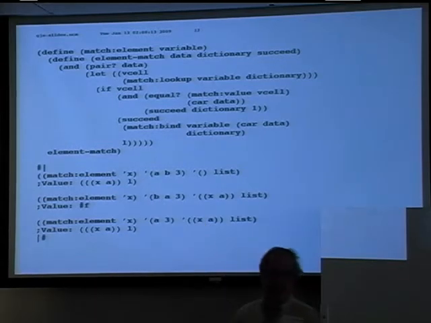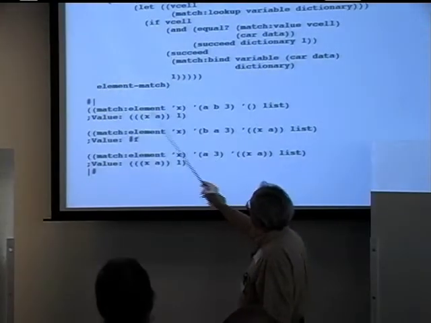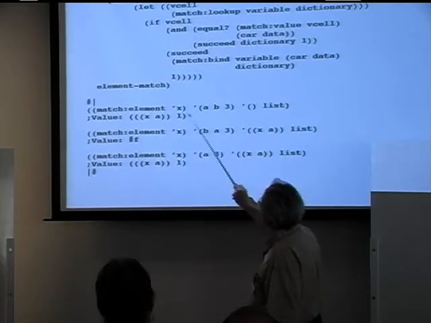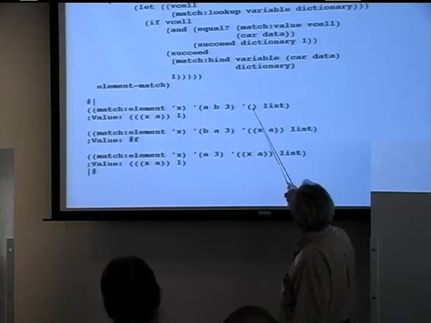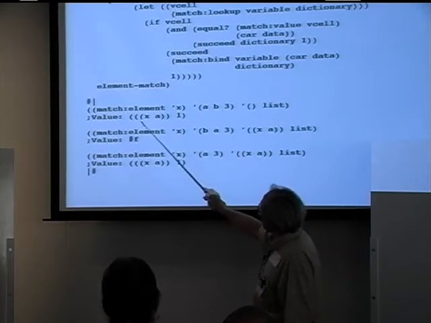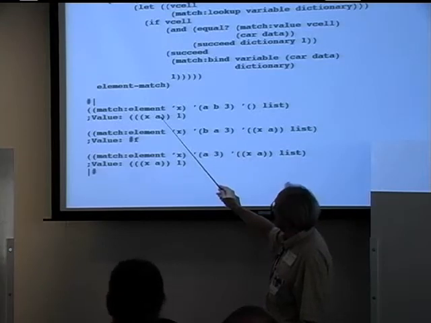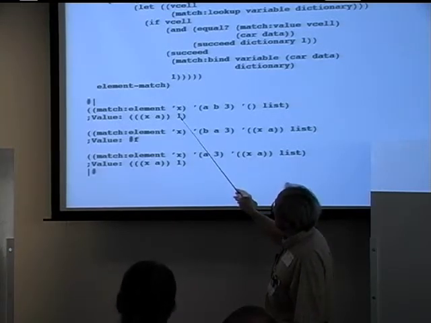At the bottom of the page, there are 3 examples. If I want to match the variable x to a, b, and 3 in the empty dictionary and use the list as my continuation, then what I'm going to get back is a dictionary now containing a mapping of x to a, and it says it ate one thing.